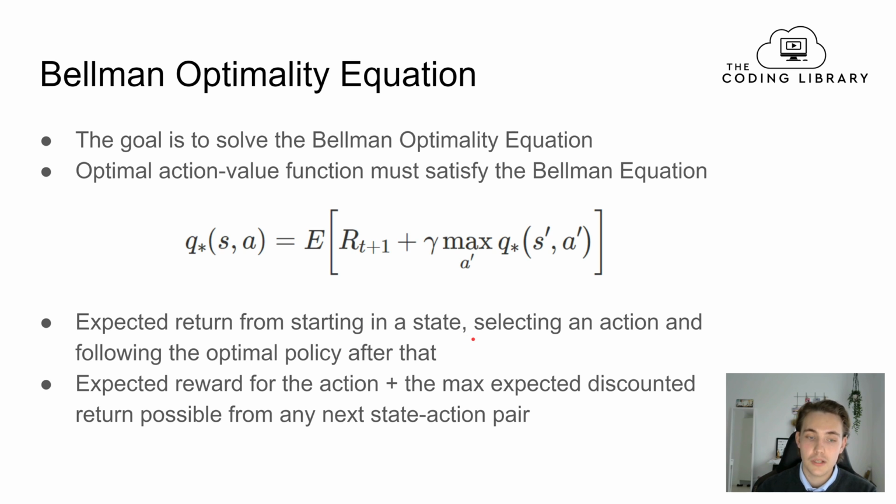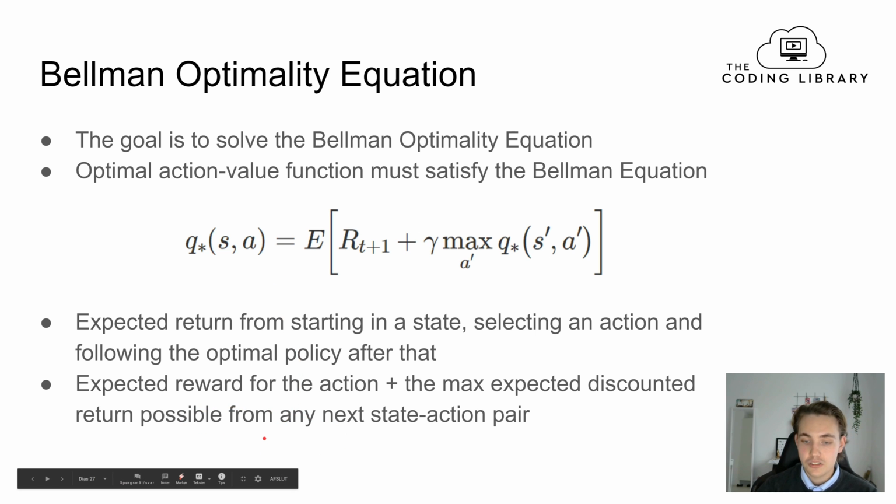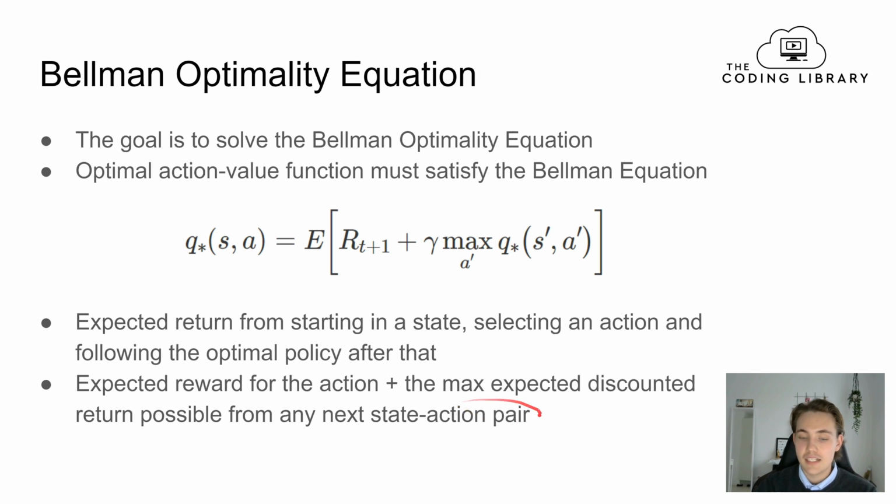So we have talked about this, where we're first taking an action, and then we have the reward for that action that we're taking, and then we're just following our policy after that, and then we can calculate the discounted return here and sum them together, and that will be the expected return for our optimal action value function. So the expected reward for the action plus the max expected discounted return possible for any next state action pair for our example.